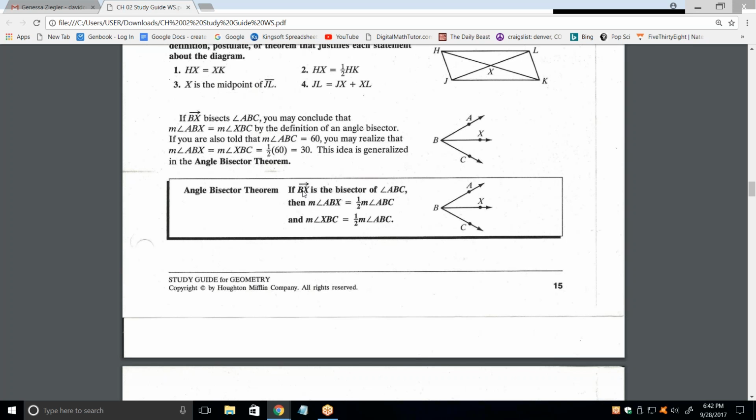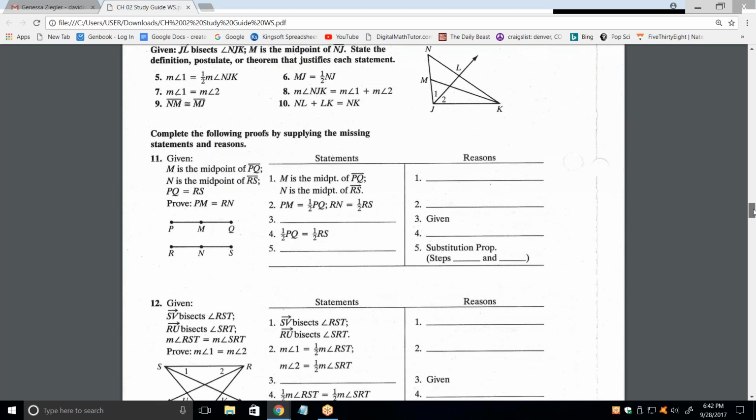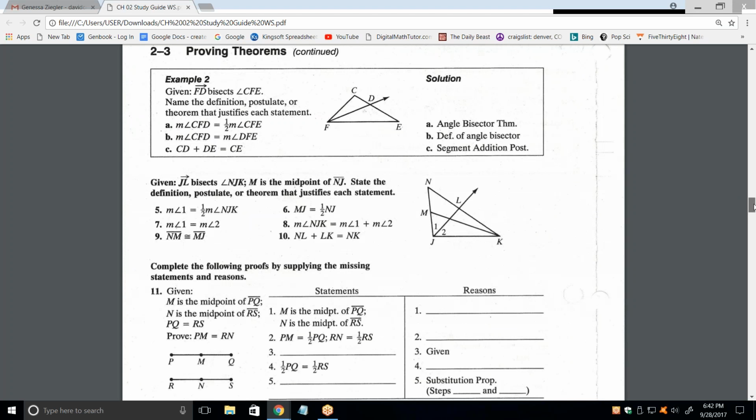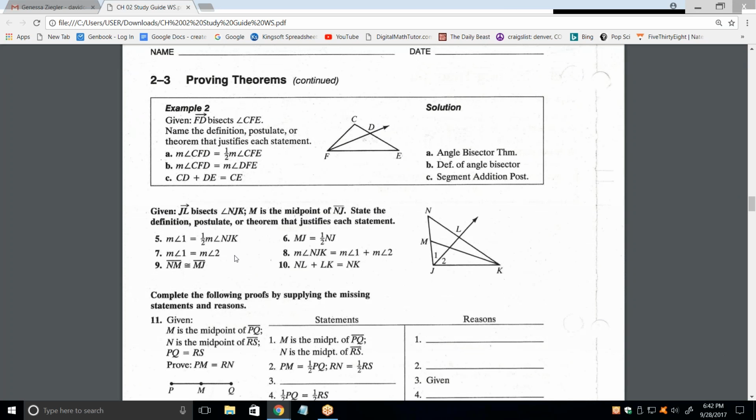If that's a bisector, then the measurement of this short angle, ABX, is equal to 1/2 the measurement of ABC, and that's exactly what number 5 says. Okay. So the answer to number 5 is the angle bisector theorem, and that's it.